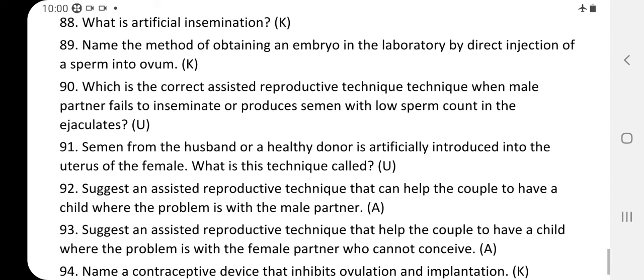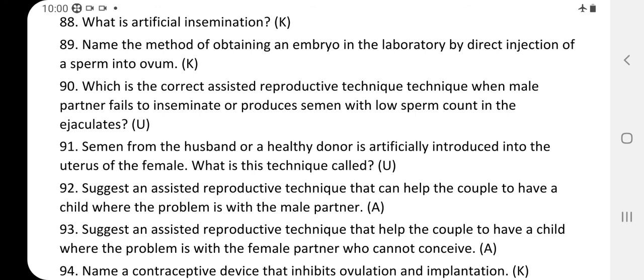92. Suggest an assisted reproductive technique that can help the couple to have a child where the problem is with the male partner. In such cases, the male partner is not having the capacity to produce the proper amount of semen, so it is artificially introduced into the female.